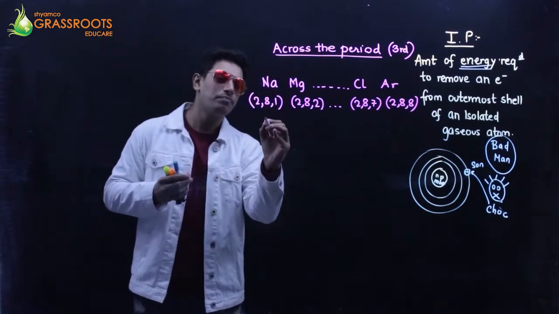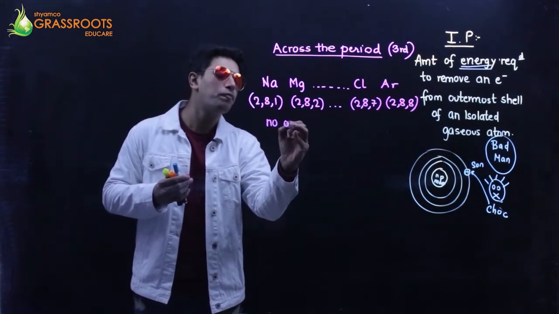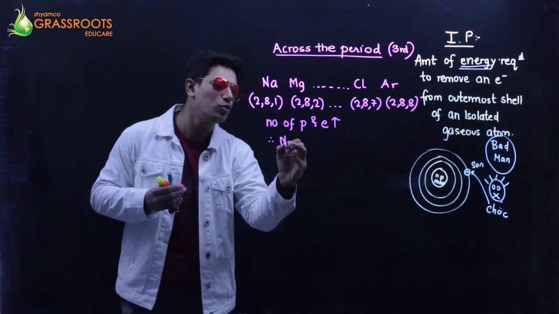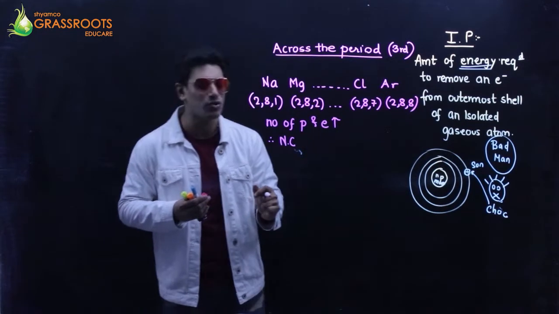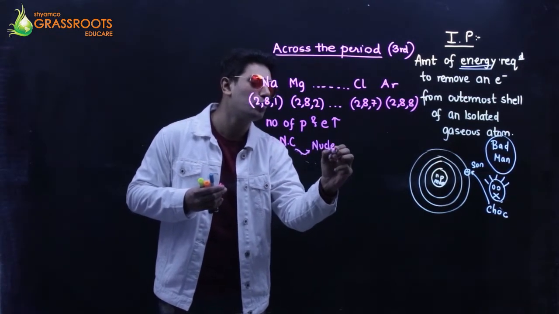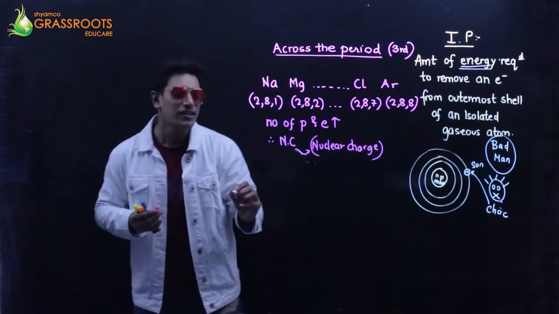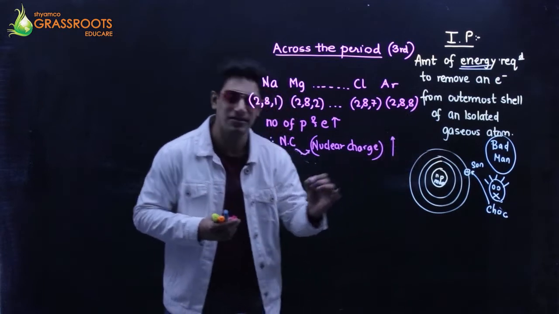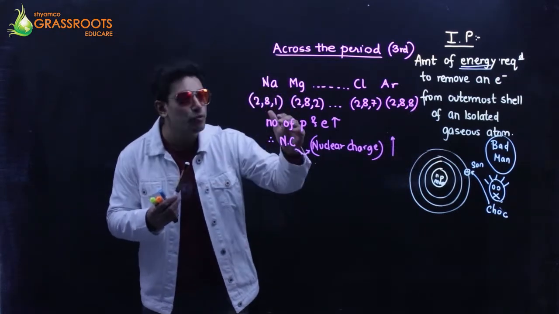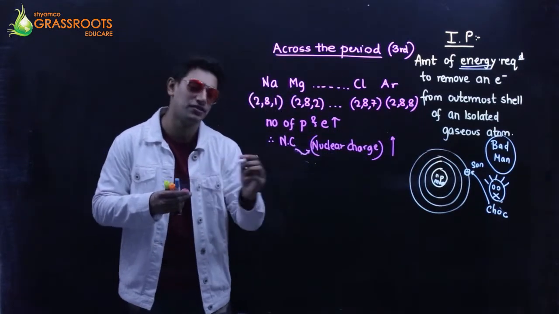So as I said, across the period from left to right, the number of protons and number of electrons increase. Therefore, the nuclear charge, in board exam you can't write NC, but out here remember NC stands for nuclear charge, increases. If nuclear charge increases, the energy required to remove the final electron, the electron in the valence shell, also increases.